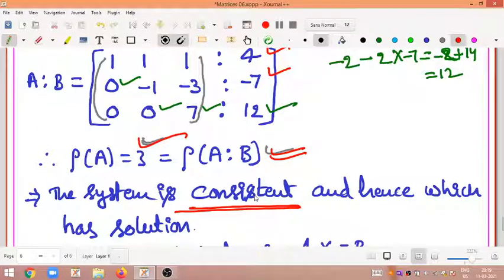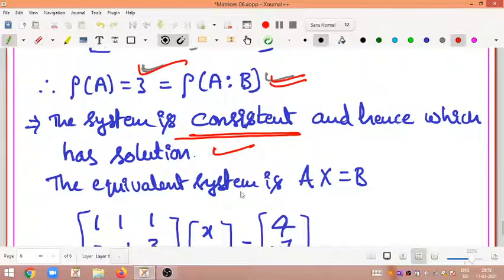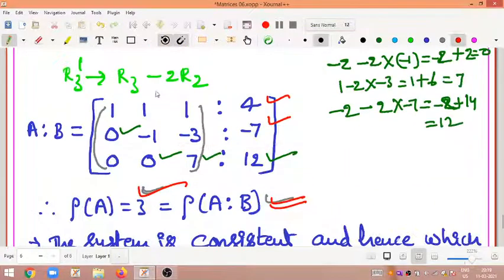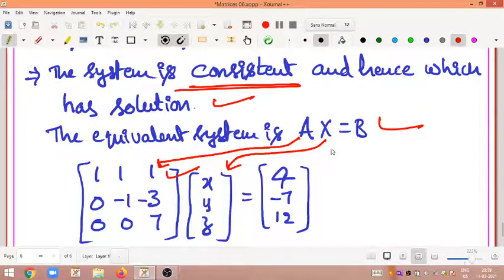Consistent means the rank of A is equal to the rank of the augmented matrix, and hence it has a solution. The system is AX = B. Already A is there: 1 1 1, 0 minus 1 minus 3, 0 0 7. The variable matrix X I wrote here, the A value I wrote here, and this constant matrix I wrote here.